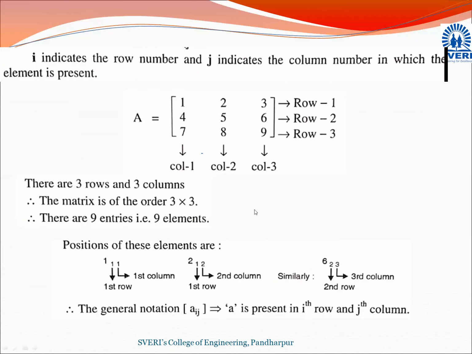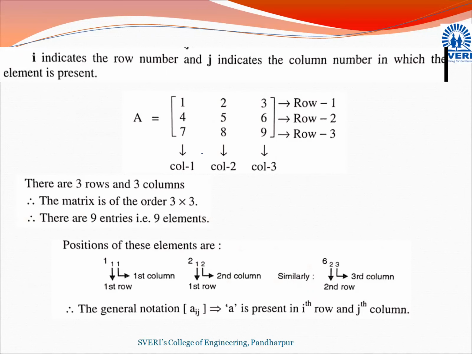Now consider the same elements 1, 2, 3, 4, 5, 6 up to 9, and we take 3 rows and 3 columns. This matrix is of order 3 by 3. There are 9 entries, that is, 9 elements. In the first row there are elements 1, 2, 3; in the second row 4, 5, 6; and 7, 8, 9 in the third row.